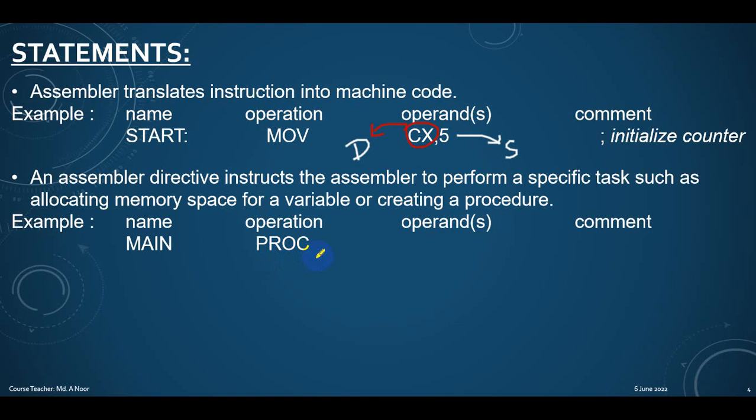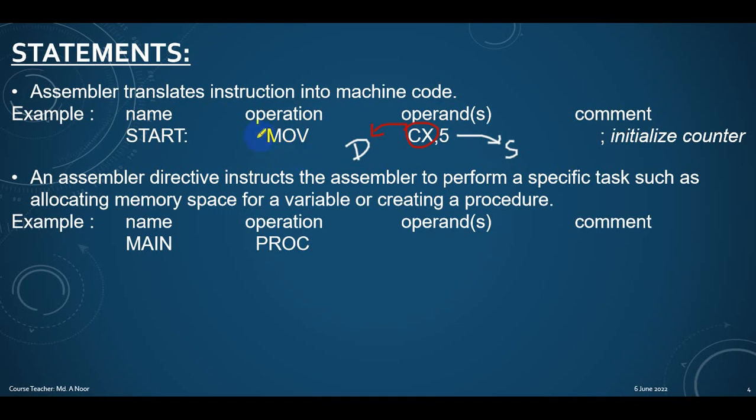Microcontroller and microprocessor, for those two devices, you can use assembly language to write programs. They are the CPU, they are the brain. When you write the program, some instructions are machine instructions, part of the main instruction set, like move.